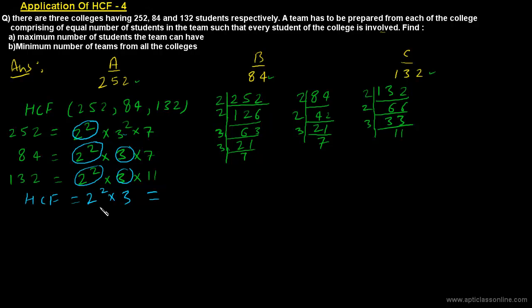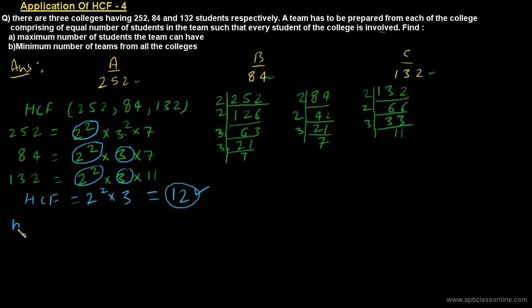So HCF comes out to be 12. So 12 is the HCF of 252, 84 and 132. So 12 is the number which will completely divide 252, 84, 132, and that is highest. So the maximum number of students the team can have is 12. The answer for question A is 12.